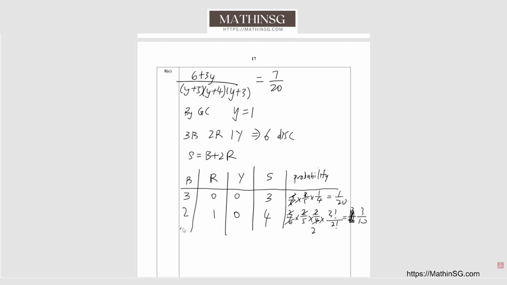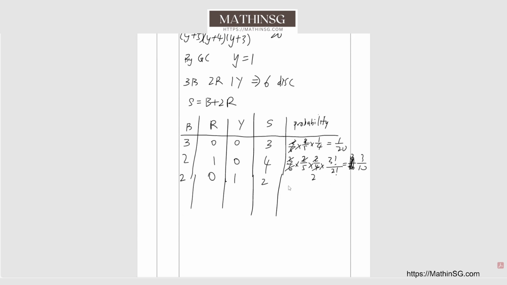Next, if I have 2 blue, I can have 0 red and 1 yellow, and S will be equals to 2. The probability would be 3 over 6 times 2 over 5. So select blue, then there's only 2 blue left and 5 discs left, so the probability of the next one being blue is 2 over 5.